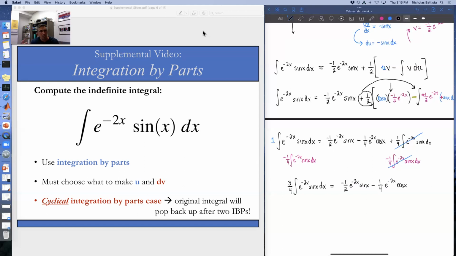And what we care about again is what that integral is equal to. So if we want to get this integral just by itself on the left-hand side, the next step is basically just divide both sides by 3/4 or multiply both sides by 4/3.